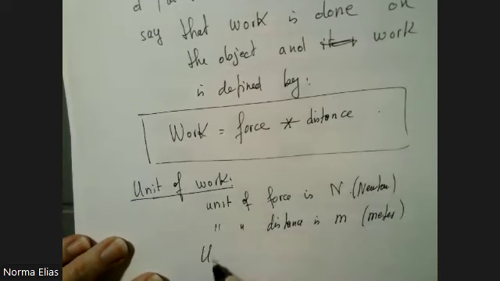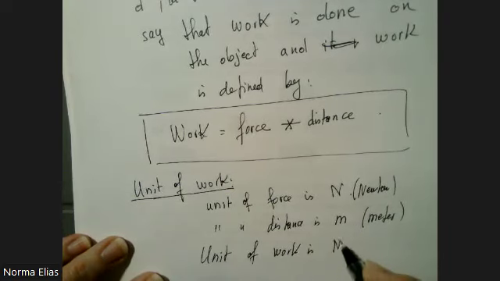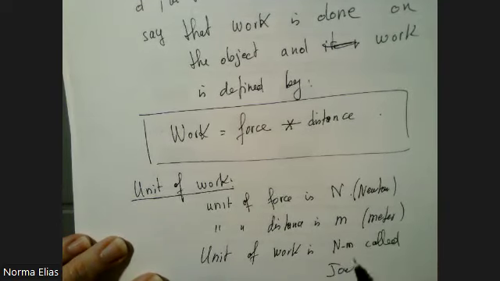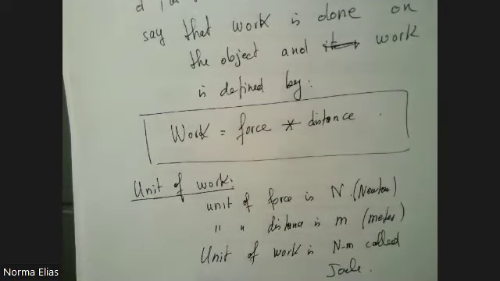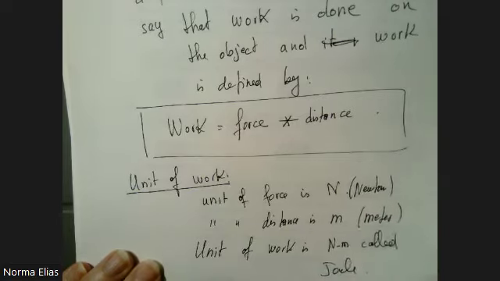Then the unit of work is Newton meter, which is called joule. So a joule is the work done on an object that weighs 1 Newton, if you move it 1 meter. Okay, that's the unit of work.